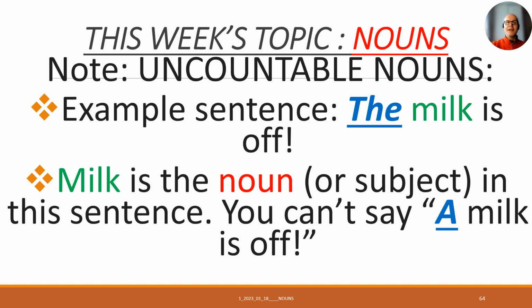However, when milk is the subject of the sentence, it's uncountable. You cannot have a or an. You cannot have the indefinite articles, but you can use the definite article the.